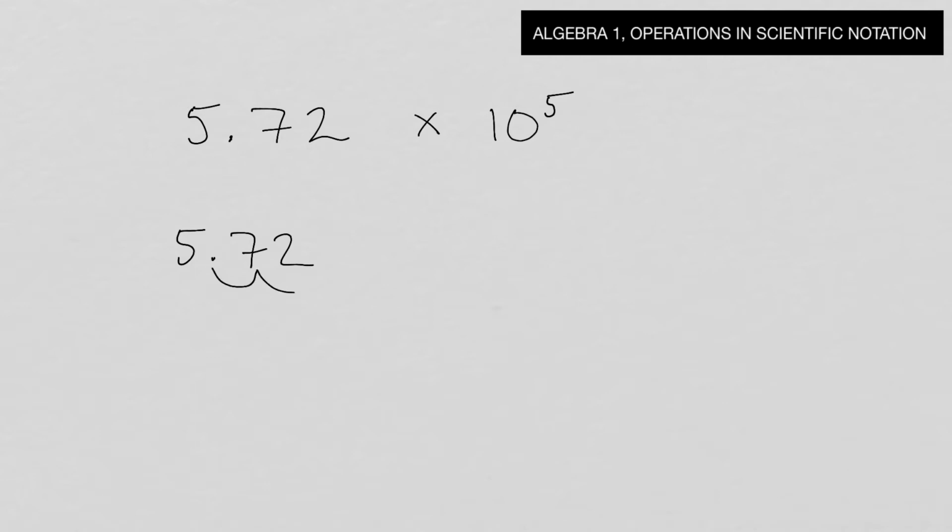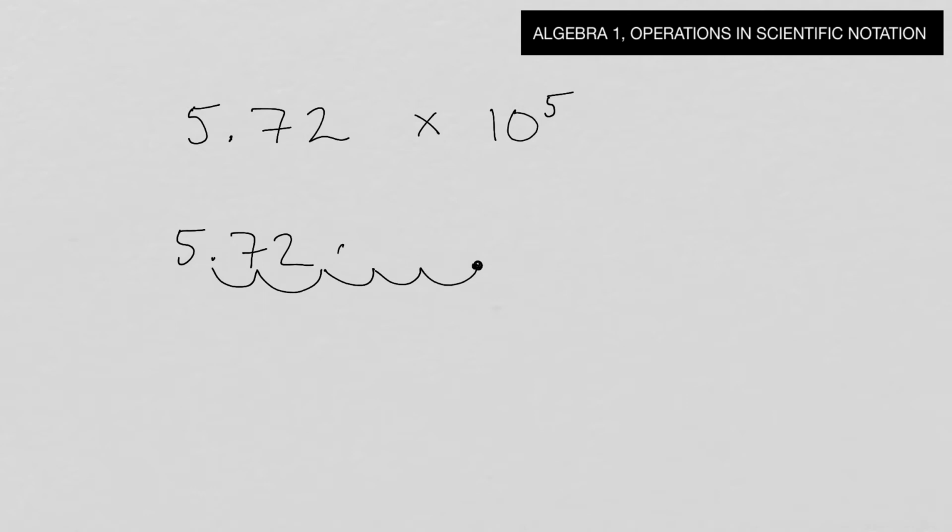Once again, let's say I have the number 5.72 times 10 to the fifth power. I'm going to take that number 5.72 and move the decimal to the right 5 times: 1, 2, 3, 4, 5.